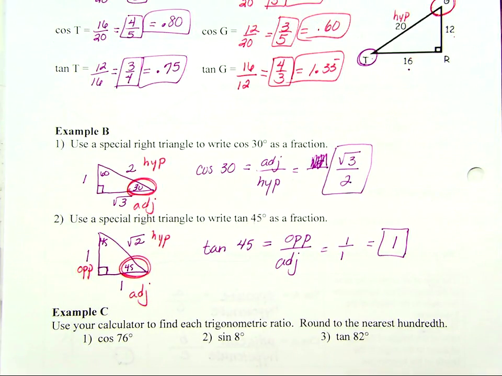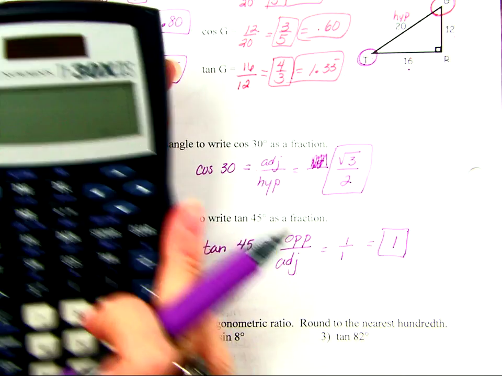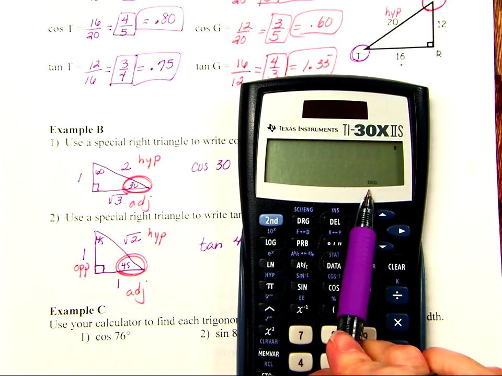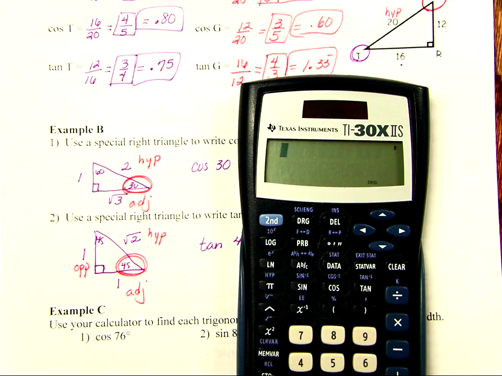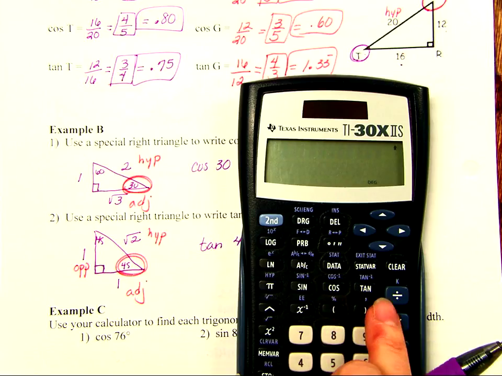Now, our calculators will actually calculate these ratios for us. So if you take your calculator, the first thing is you want to make sure that you are in degree mode. And I can see down here, I'm in degree mode. If you have a graphing calculator, you probably need to switch that by hitting the mode button and going into that menu. But our buttons here, sine, cosine, tangent.